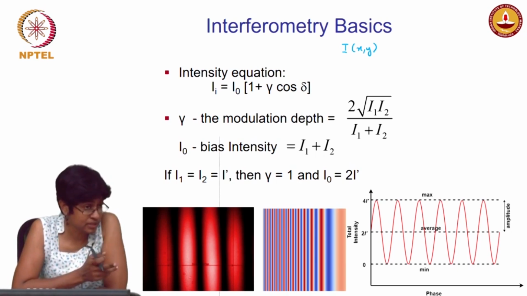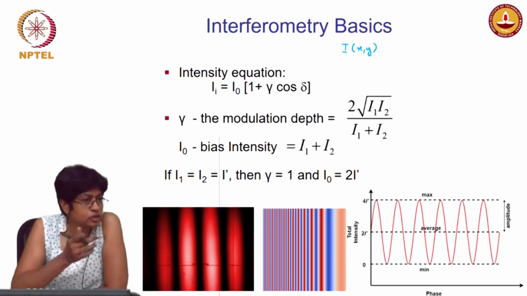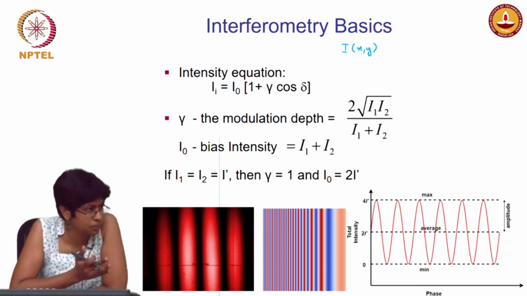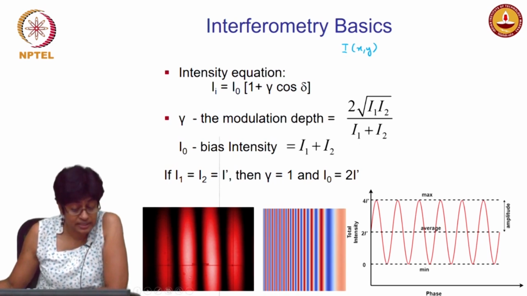We can't capture phase directly, but of course every pixel of the sensor is going to measure the intensity lying on that pixel, and it need not be all the same, it will vary. All I am able to measure is this intensity I of xy.